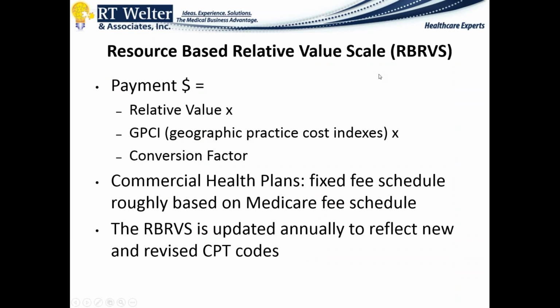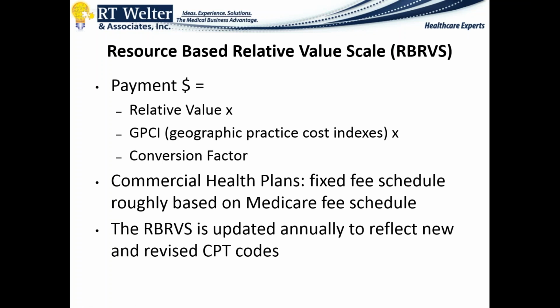We talked about the components of RBRVS and how payments are calculated. Payment is calculated based on relative value, GPCI, and then the conversion factor, which is a number that's set every year. Commercial health plans typically use a fixed fee schedule based on Medicare.